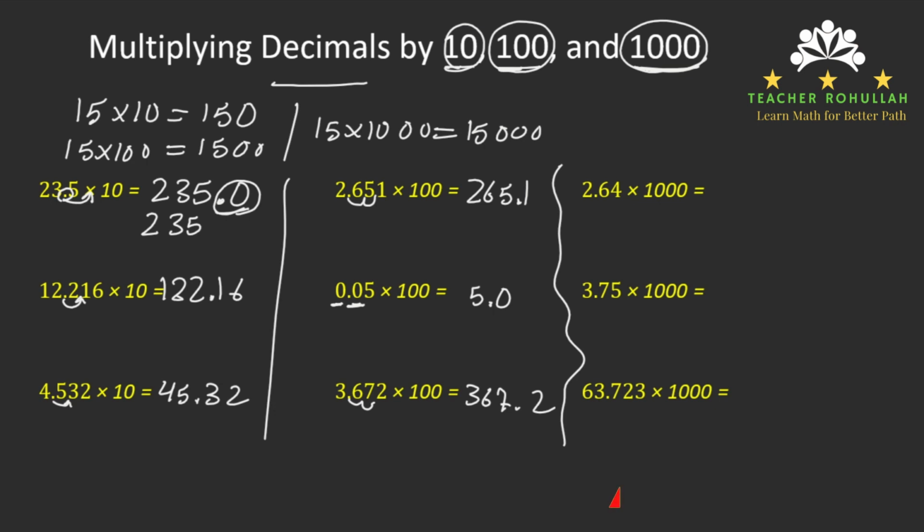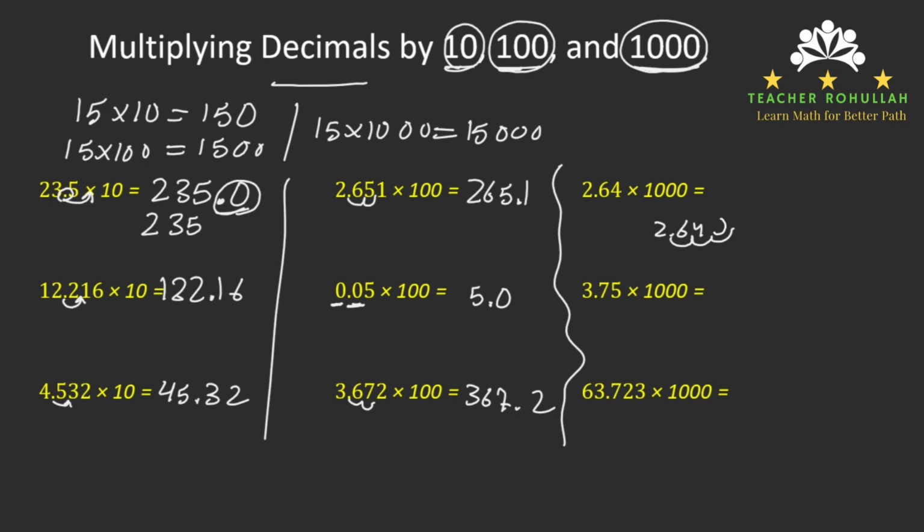As I said in the beginning, when we multiply decimals by 1,000, the decimal point moves 3 places to the right. Let me write the same number over here, 2.64. When we multiply it by 1,000, this decimal point moves 3 places, 1, 2, and 3.